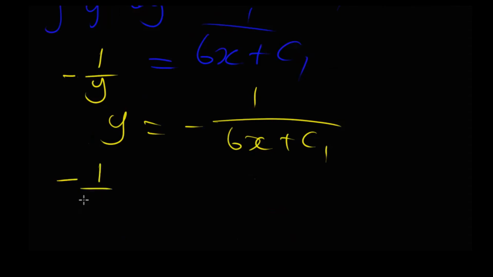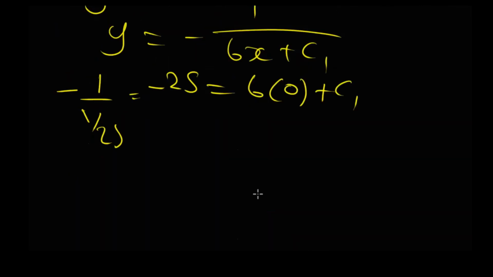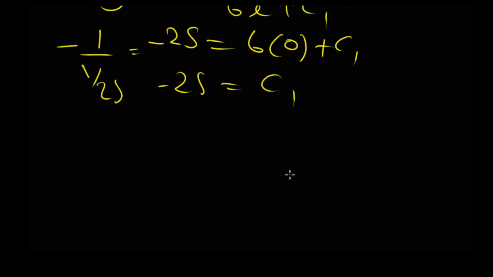We said negative 1 over 1 over 25, so it will be negative 25, equal to 6 times 0 plus C1. 6 times 0 is 0, so it will be minus 25 equal to C1. All right?